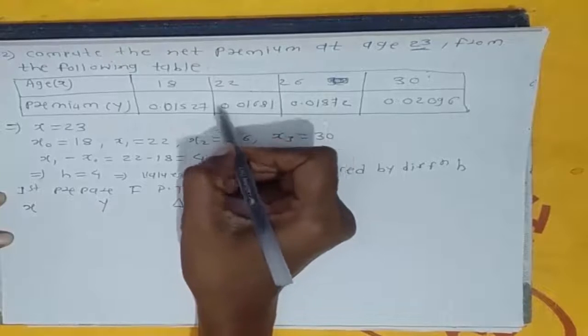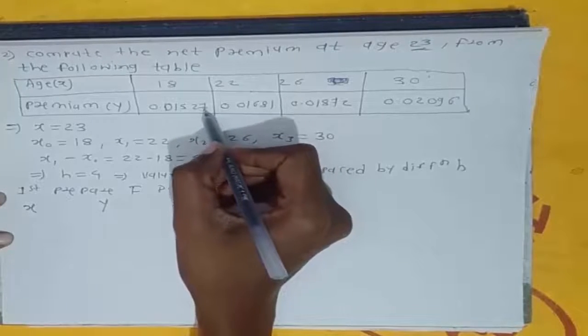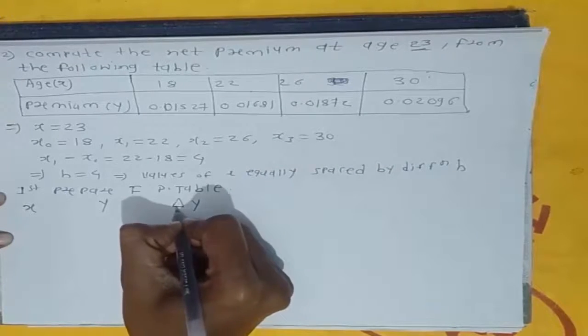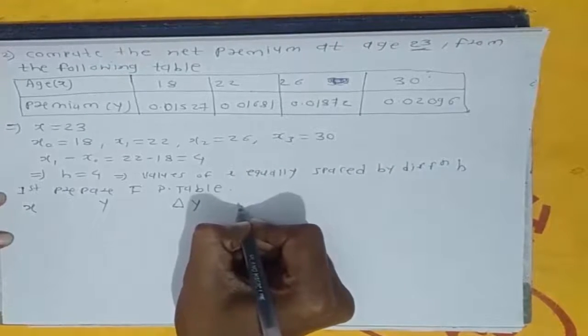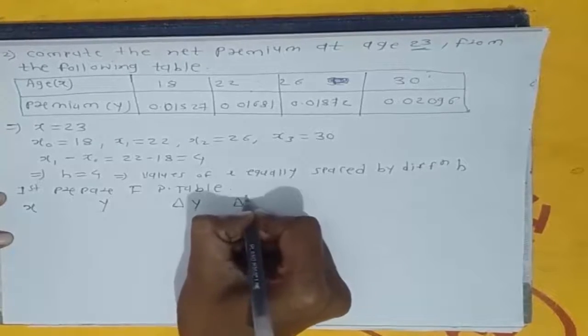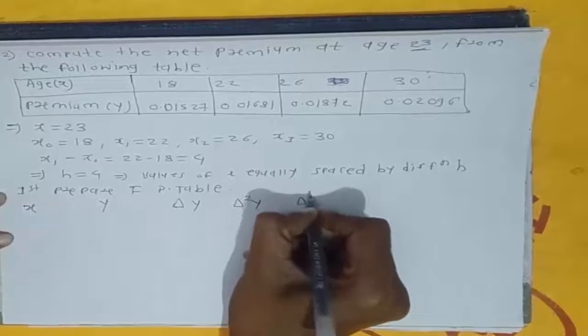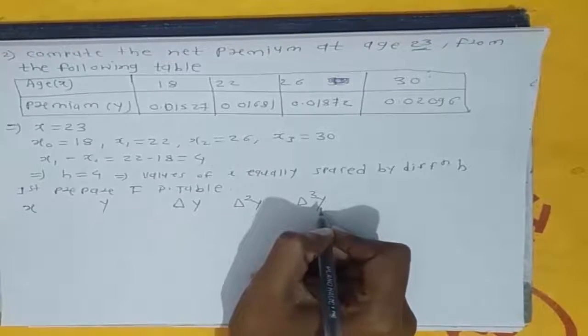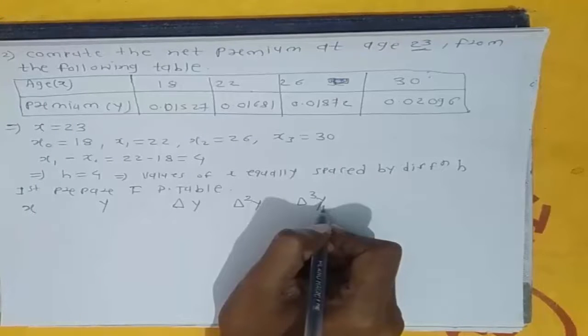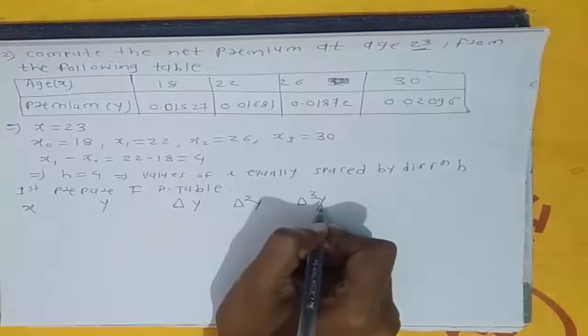Here observe that the given values of x and y are 1, 2, 3, 4, that is 4 values. So we have to get the forward differences up to degree 3, that is delta square y, then delta cube y. If we are given n values of x and y, then we get the (n minus 1)th order forward difference.